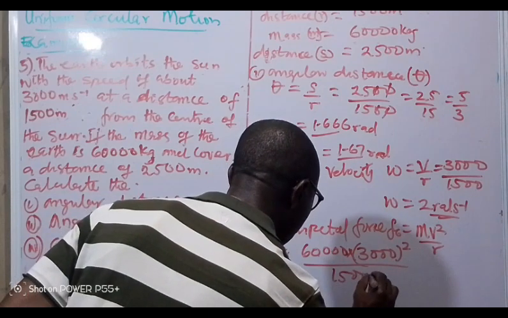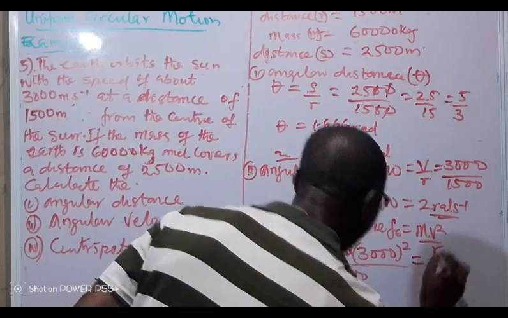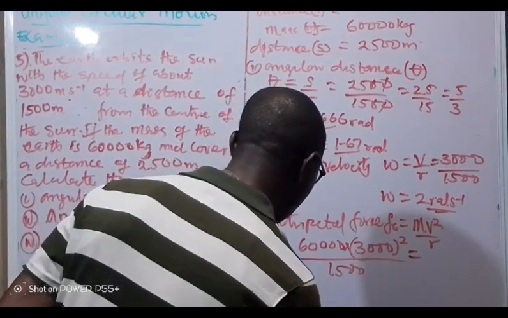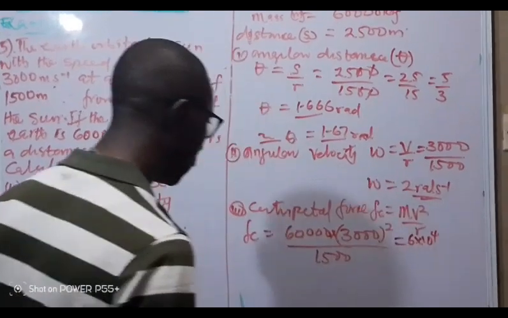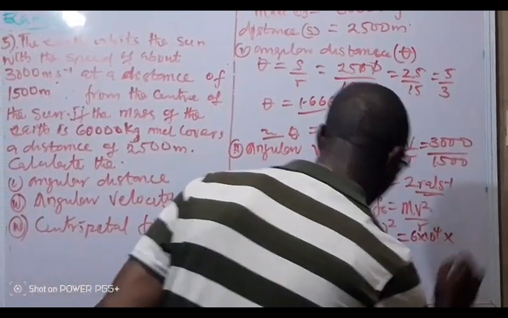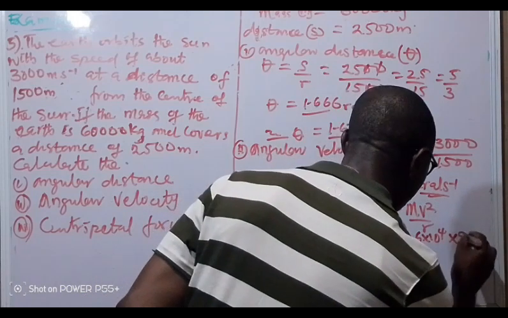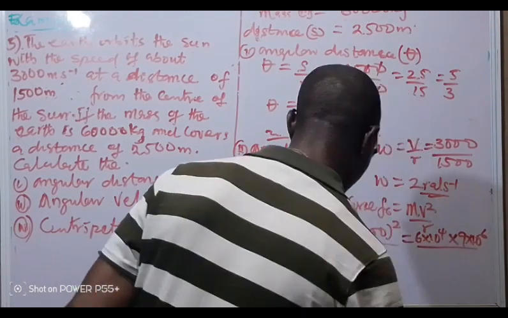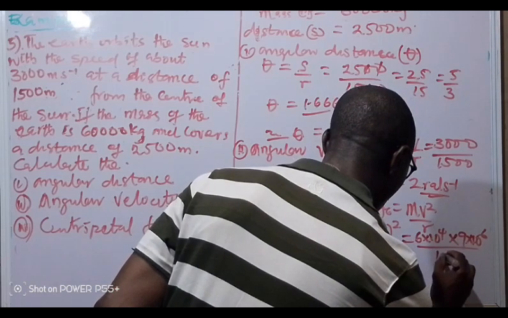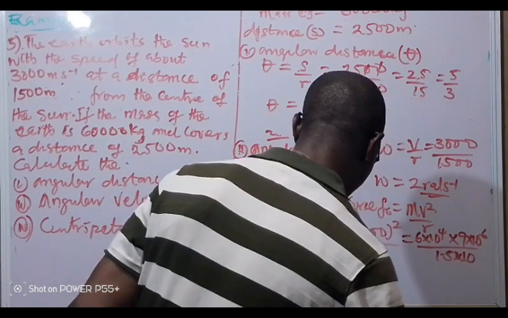Now, this will give us 60,000, that's 6 times 10 raised to power 4, multiplied by 9 times 10 raised to power 6, all divided by 1.5 times 10 raised to power 3.